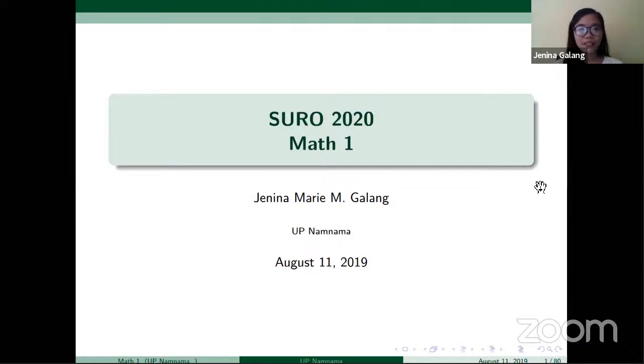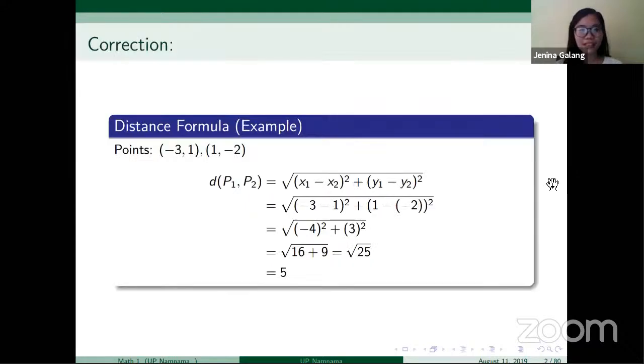So proceed muna tayo dun sa correction. So lutang moment ng video lectures. So sa distance 4, meron kasi tayong example. So we have to find the distance between -3, 1, and -2.